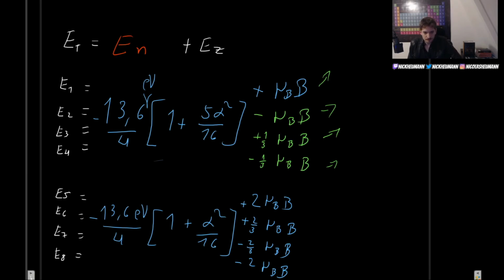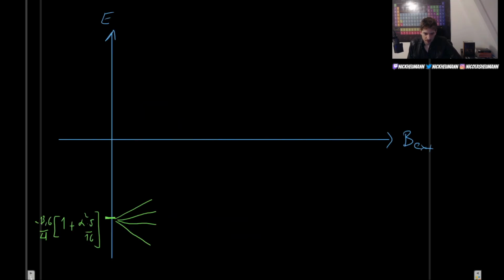All right, so we get, this is maybe a different color, so this is mu0b, this is mu0b over 3, minus mu0b over 3, right? We raised the energies here, and now we are lowering them, and this is minus mu0b.